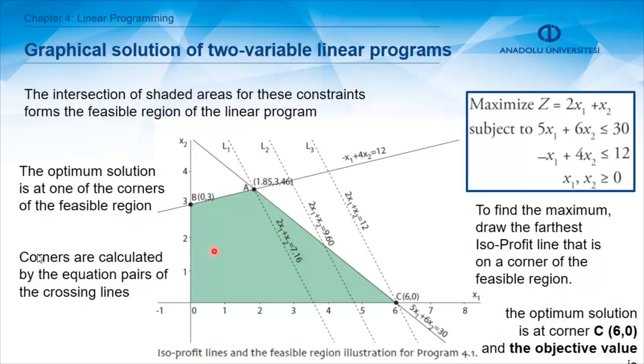The optimum solution is at one of the corners of this feasible region. We don't know yet which, but we can calculate each corner and choose the one with the highest objective value. Corners can be calculated by solving the equation pairs of the crossing lines. This one is for this line.